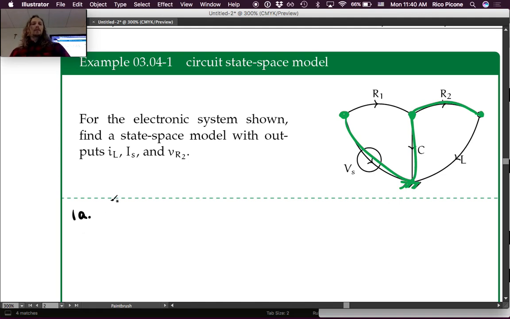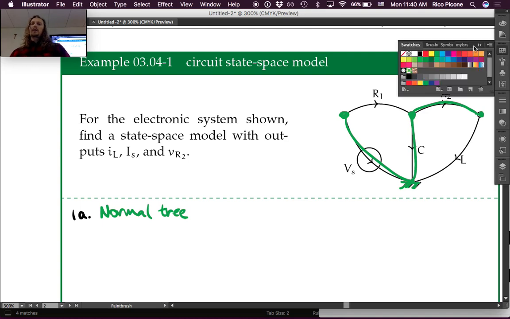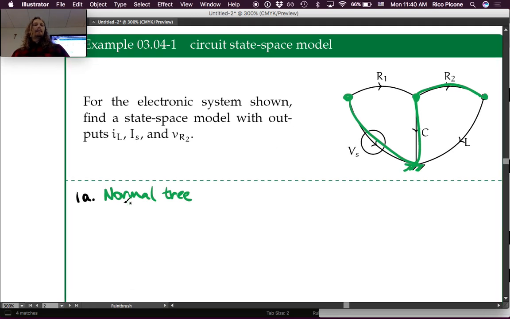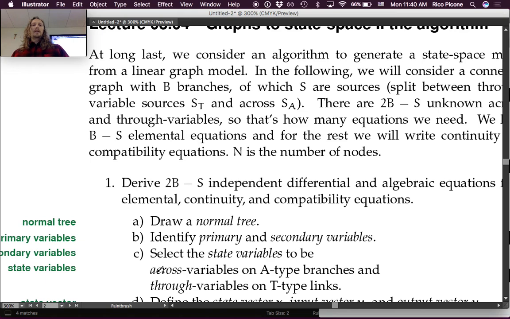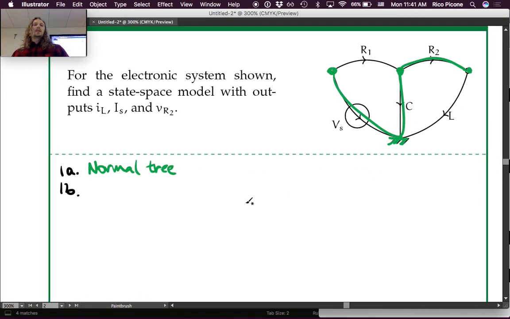Normal tree. Now I go back to black here. Okay, so 1B. What was that? Identify primary and secondary variables. So let's just list primary.